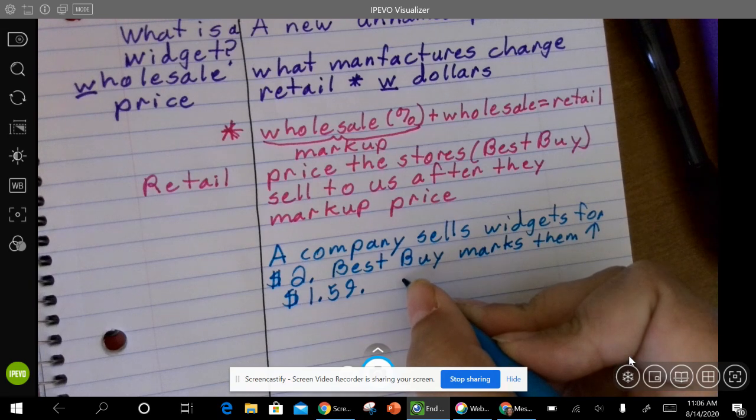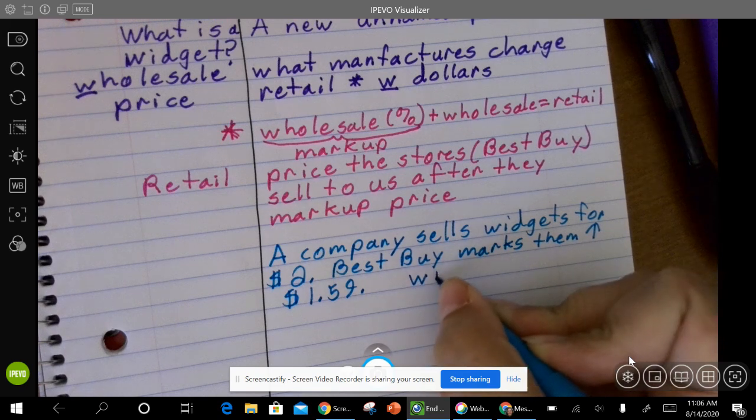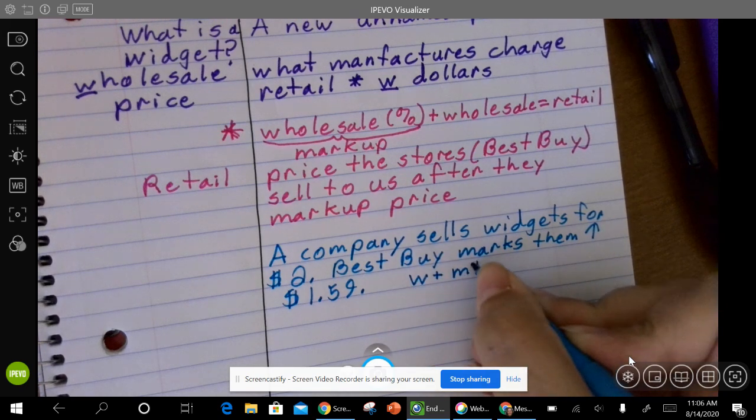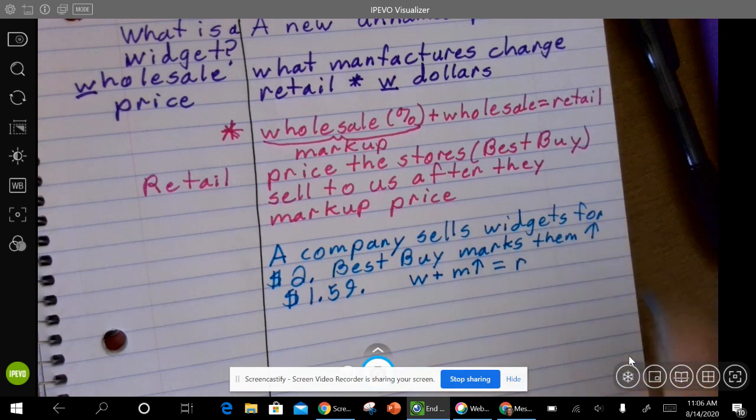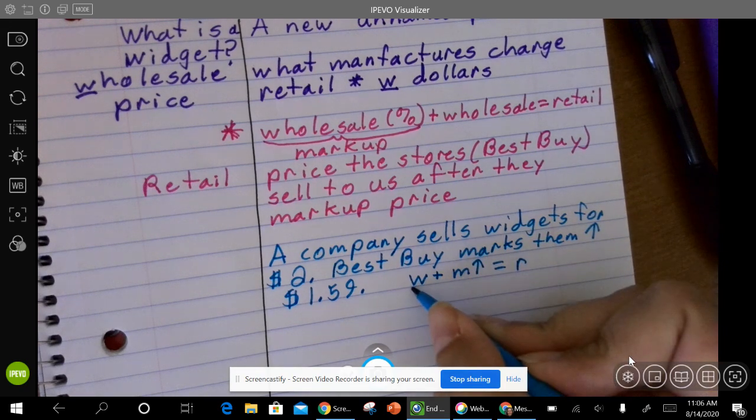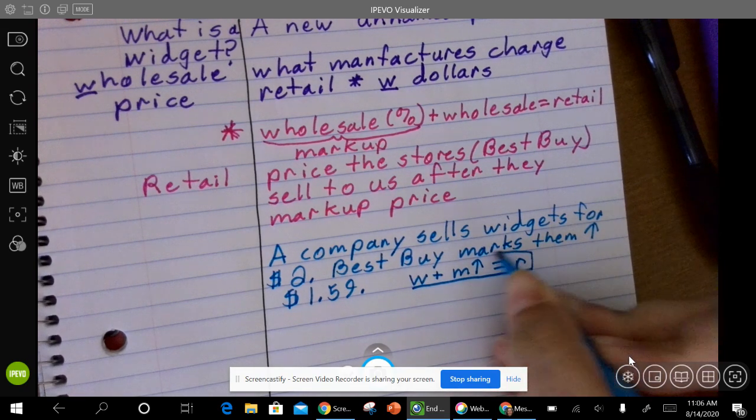So the equation we're going to use: it's the wholesale price plus the markup equals the retail. Okay, so everybody, this is the equation that we're going to use for this part.